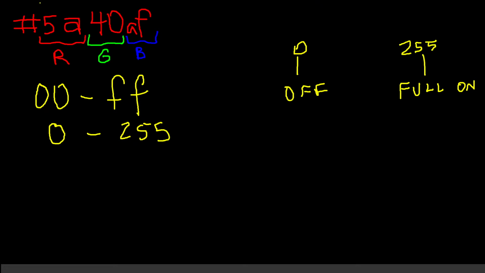But we can get these different values here by doing some simple calculations. These are hexadecimal values. That means that's base 16. That means we use 16 characters to represent a numerical value. So in this case, instead of this, it would be 1, 2, 3, 4, 5, 6, 7, 8, 9.